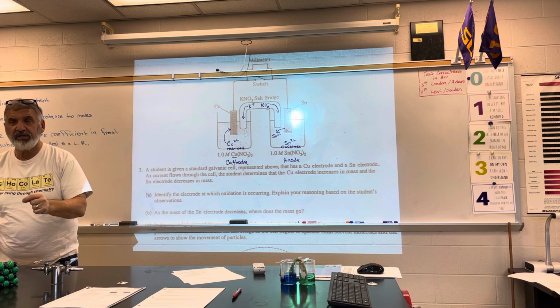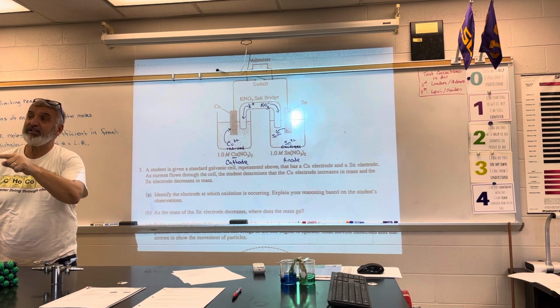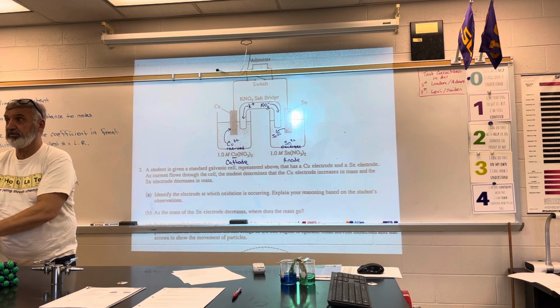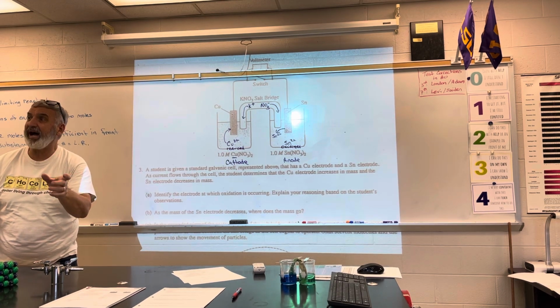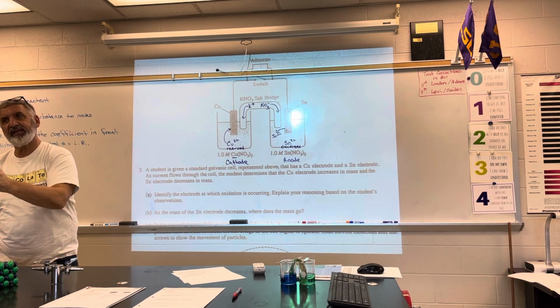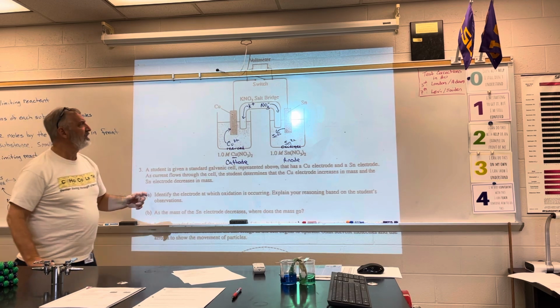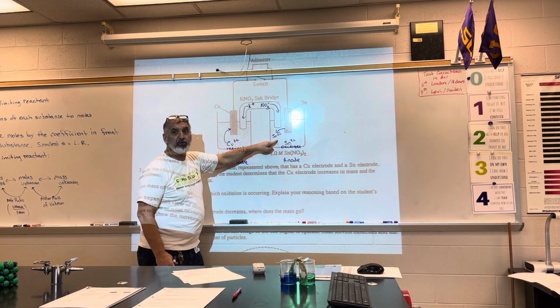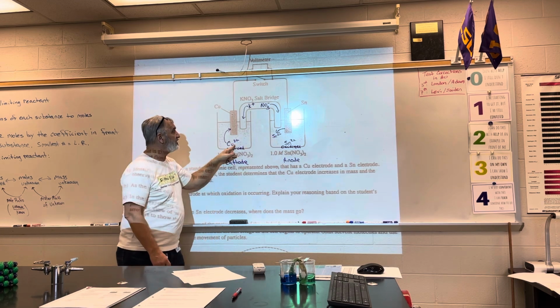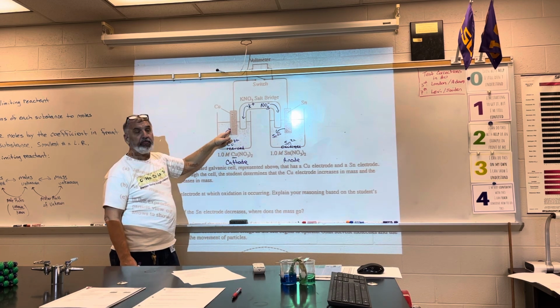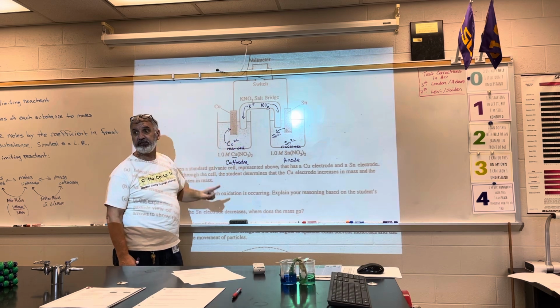Make the solution neutral. Okay, to allow ions to flow to keep the solution neutral. You might want to always mention, it allows ions to flow to maintain electrical neutrality. Because this is becoming more positive, the NO3- has to go here. Because the Cu2+ is leaving, the K+ has to come in to replace it.